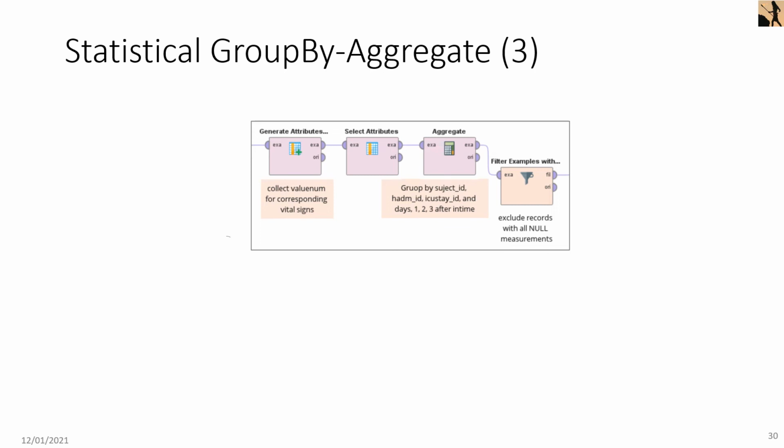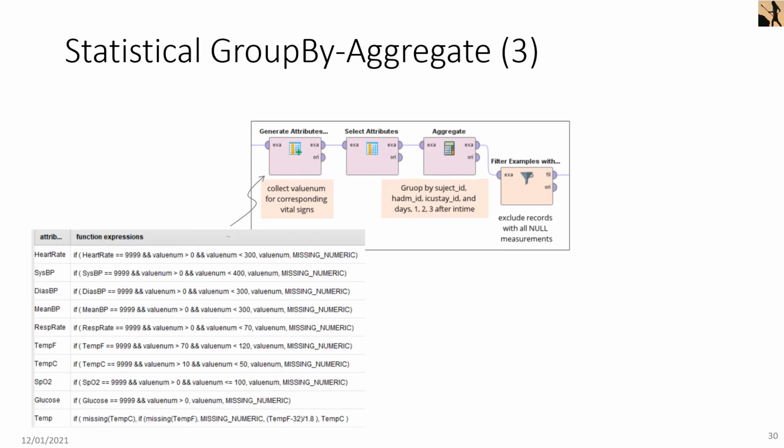For the next steps, that is to really populate this vital sign with a meaningful value, right? So we have the flow like this. First of all, we will have to generate some attributes. These attributes here, that is before we do any aggregation, right? Let's put the qualification logic in here.